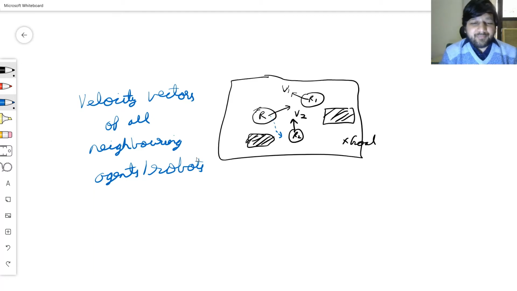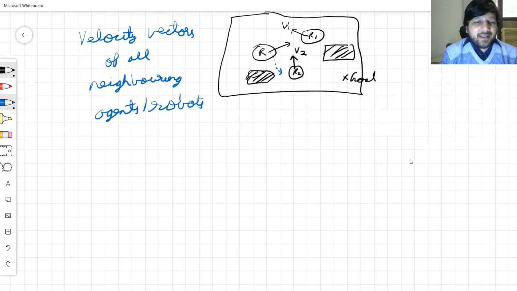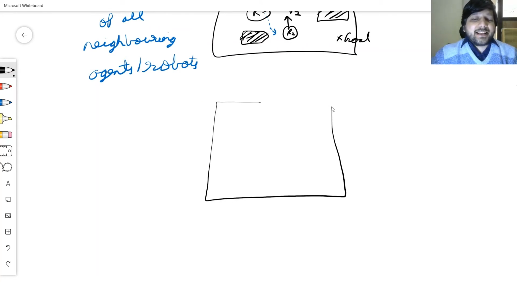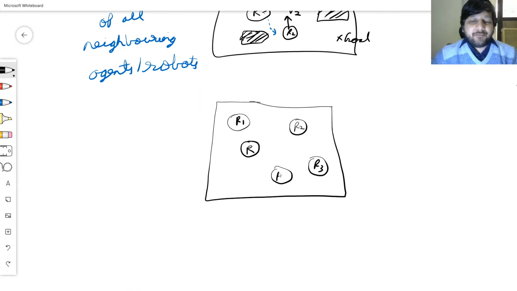Now, for now, I'm going to make a big assumption. So I'll say this is my map and it has no static obstacle. It's completely devoid of any kind of static obstacles. I have dynamic obstacles which are other agents, however, they are all circular in nature. So that's my R that I need to plan, and it's R1, R2, R3, R4, the other agents.